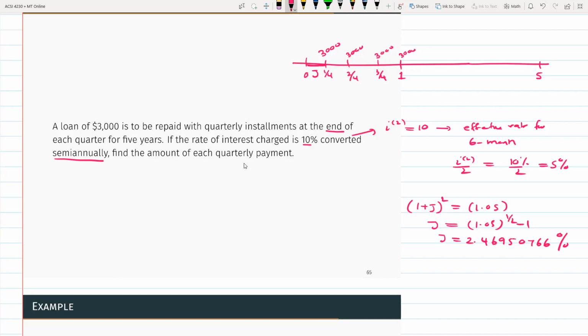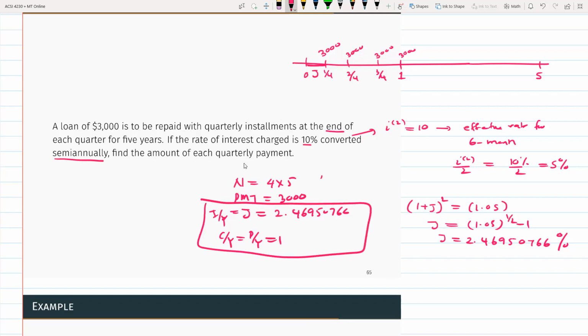Because that's how you enter it into the calculator. Now I can use the calculator. So how many payments? 4 times 5. Payment size 3,000. The effective rate per payment period is now 2.46950766. This is I/Y. When you use this method, you set C/Y and P/Y both to 1.